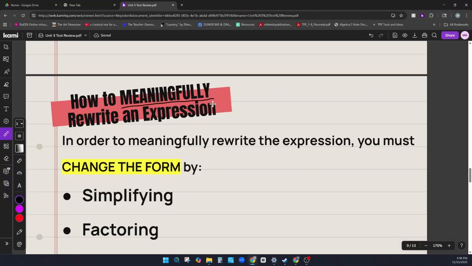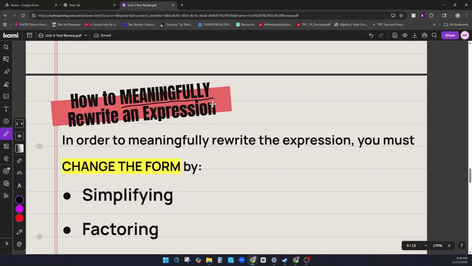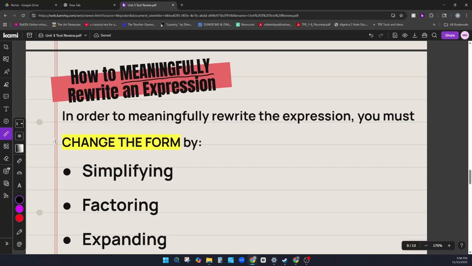And the basic idea is that we need to change the form. If I give you 5, and you say, oh, that's the same thing as 2 plus 3, that's not going to cut it. We need to change the form. We're not just separating numbers. I know you guys know addition and subtraction, but this being an Algebra 2 class, I'm holding you to an Algebra 2 standard.